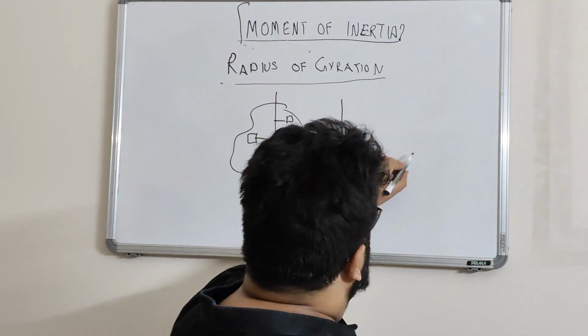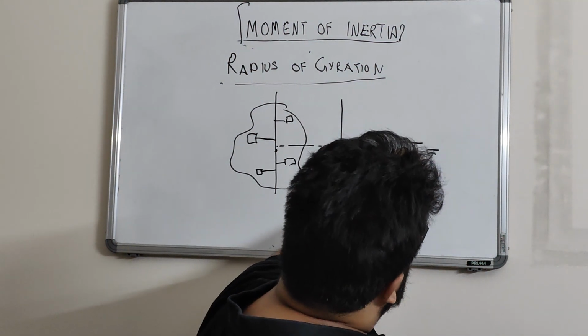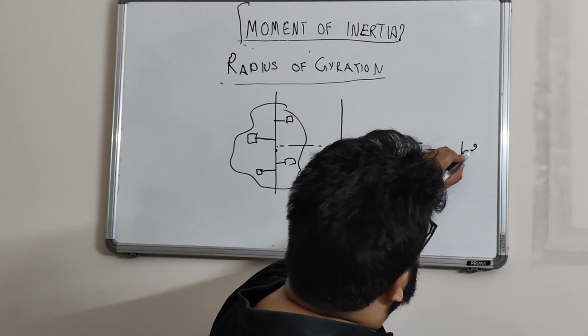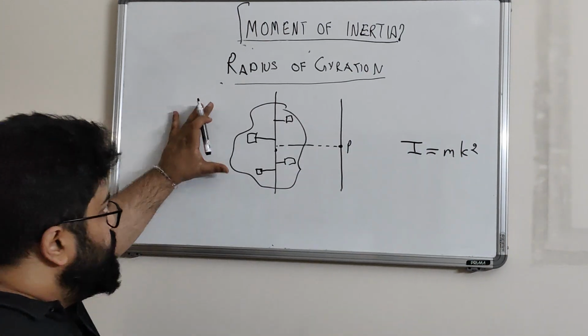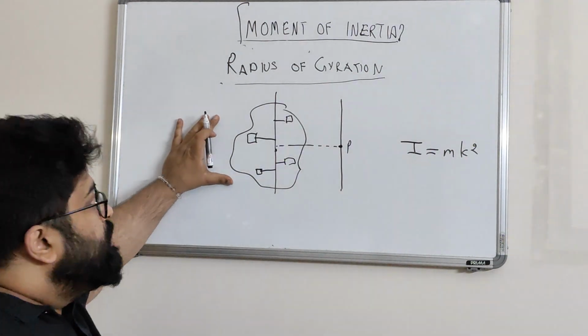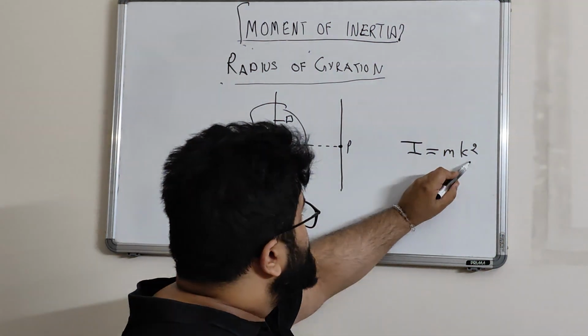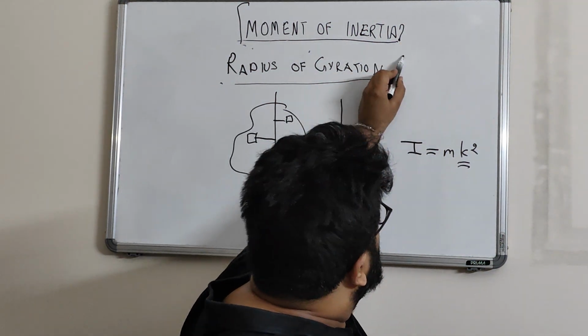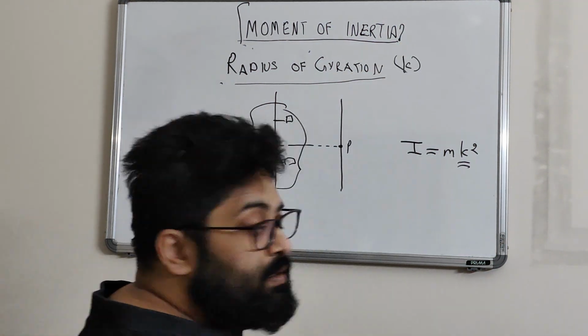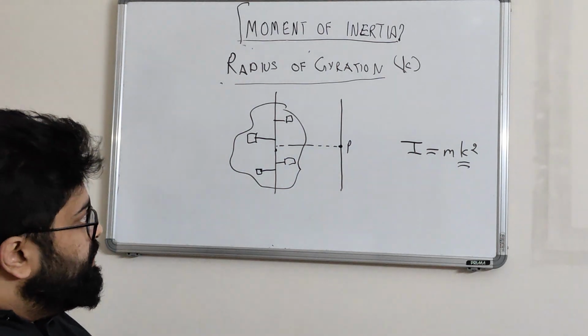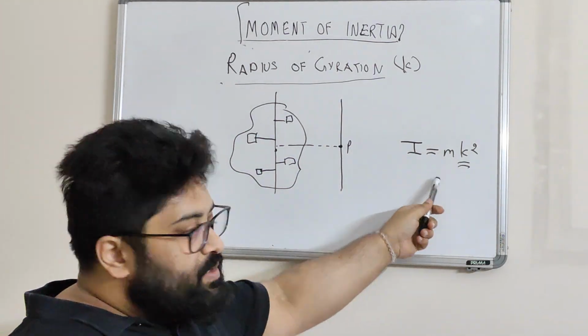So if the mass for this body is m and you have the radius of gyration, that is k, the moment of inertia for that body becomes mk square.